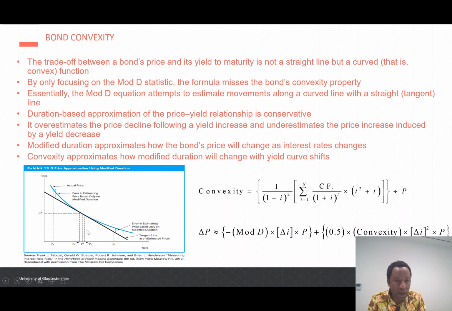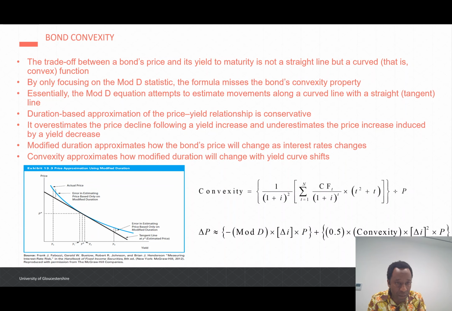The better way of capturing that relationship is through the convexity. So the convexity shows that, of course, there is a negative relationship, but the rate of change doesn't sit on a linear line like that. So you can see that the blue line there shows that there is a non-linear curvature in the relationship.